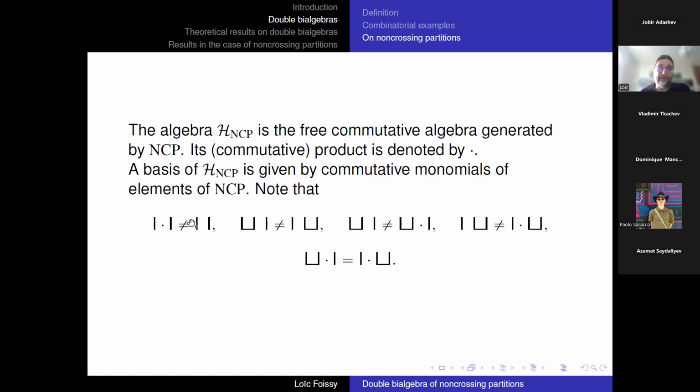So these are different because there are 2 different non-crossing partitions. These are different because this is a non-crossing partition. This is a product of 2 non-crossing partitions. The same for this. And the product is commutative. So with a dot, the order of the indeterminates does not matter.